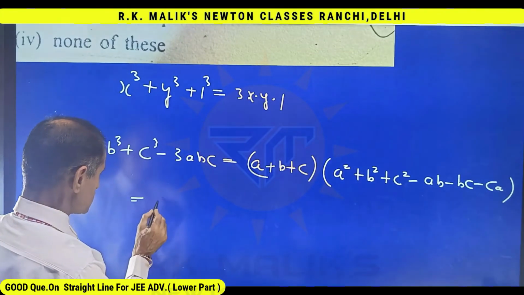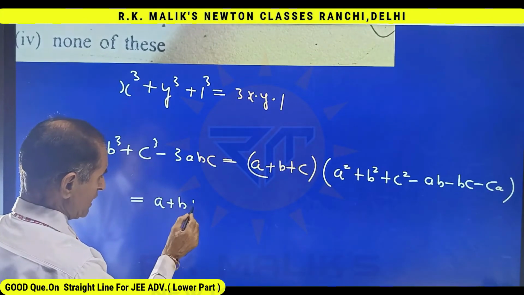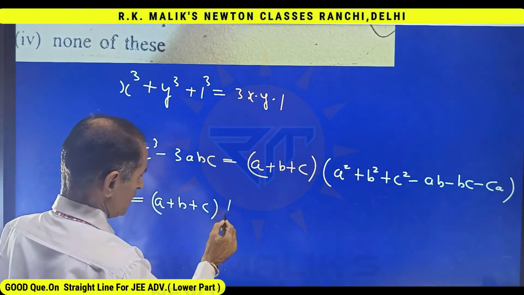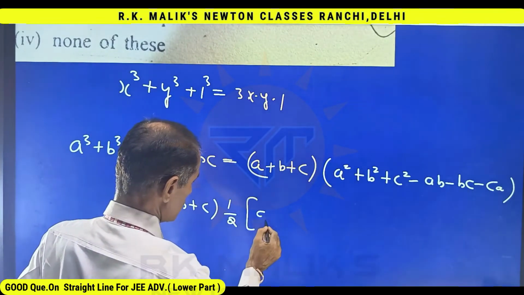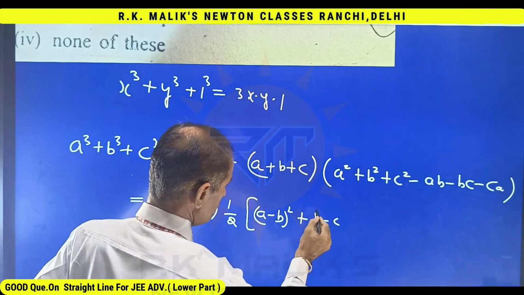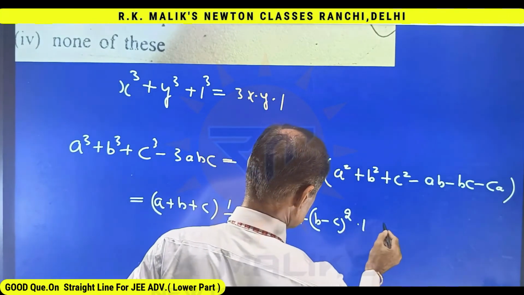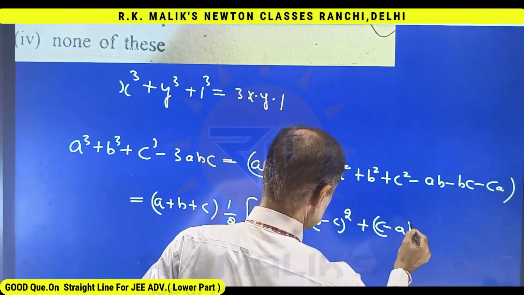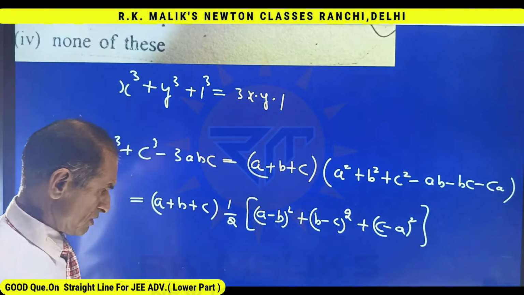That is, we know that this is also equal to (a plus b plus c) into 1 by 2 [(a minus b) whole square plus (b minus c) whole square plus (c minus a) whole square].